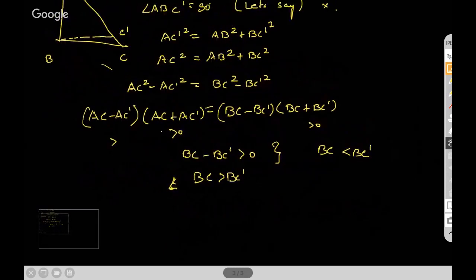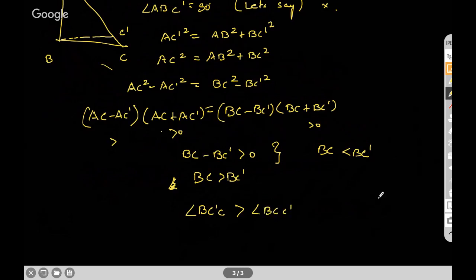What does it mean? It means the opposite angle: angle BC dash C is greater than the angle opposite, angle BCC dash. So BC dash C is greater than angle BCC dash.